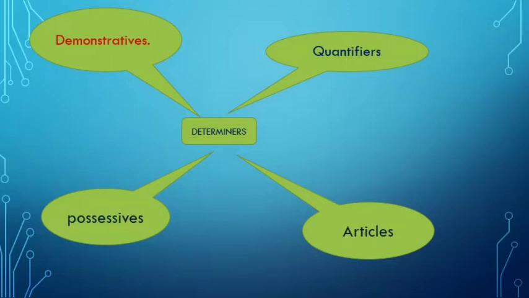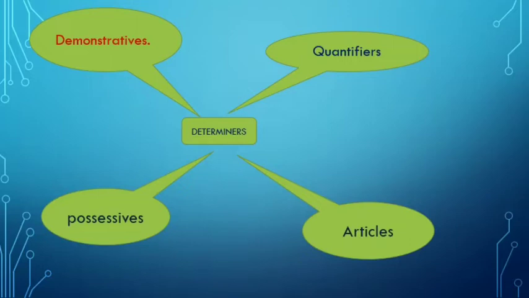And the last one, that is today's specific topic. We are going to discuss further these quantifiers. Quantifiers indicate how much or how little of the noun is being discussed.